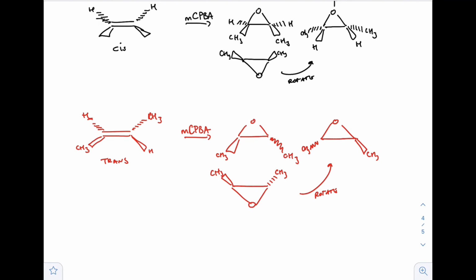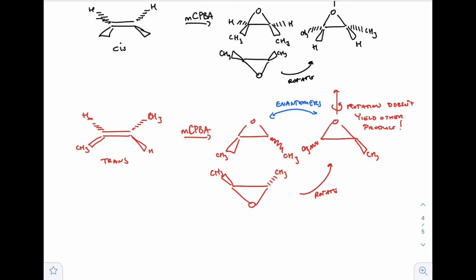If you were to rotate on that vertical axis, is that clear how we're doing that? If we did that, we would end up with a different compound, right? So the rotation doesn't yield the other product. So what is the relationship between the two? Well, they're enantiomers, okay?